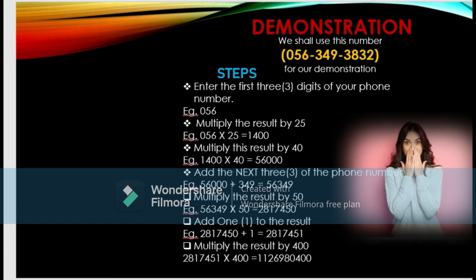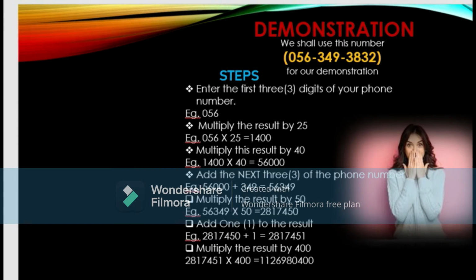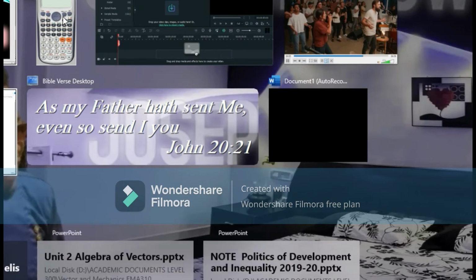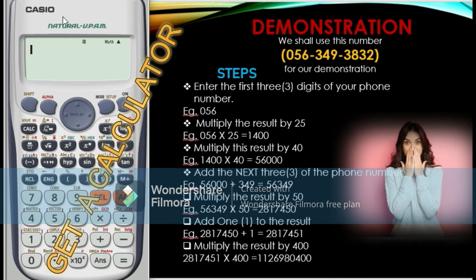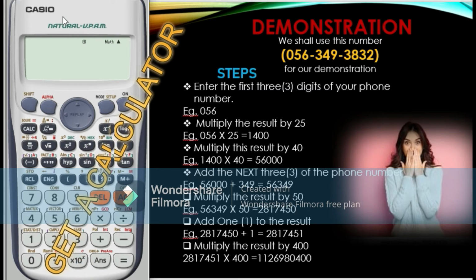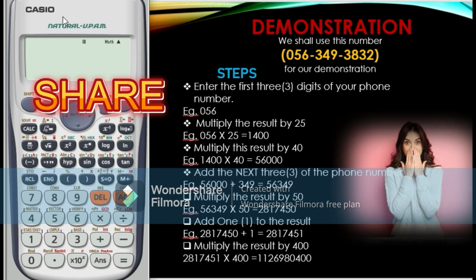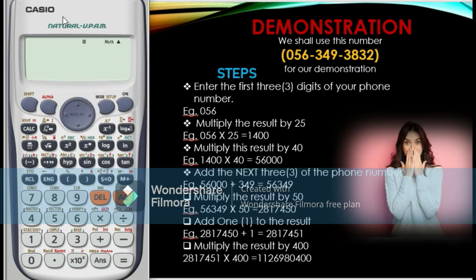I wanted to look at the demonstration of what I am talking about here. So in our demonstration, we are going to use the phone number on the screen, 0563493832. So the first step is to enter the first 3 digits of your phone number. I assume I am the one you are asking, so I am entering it.